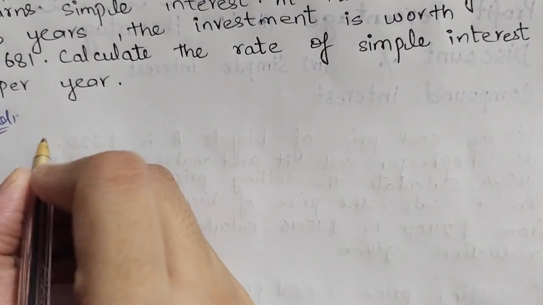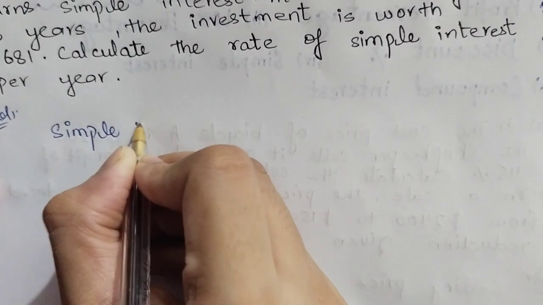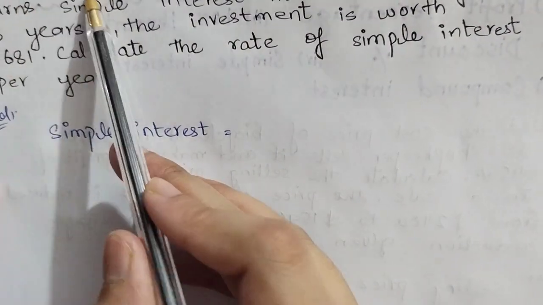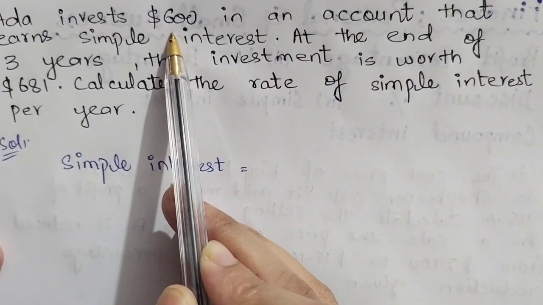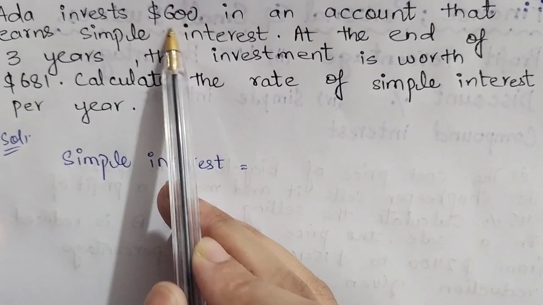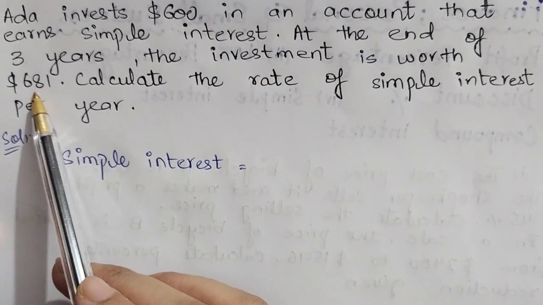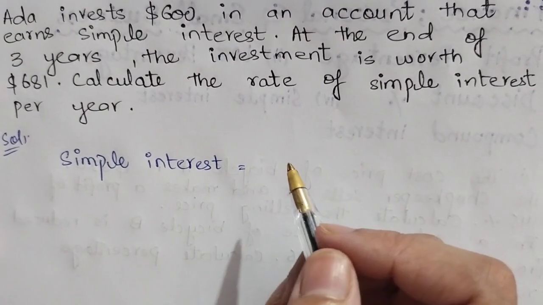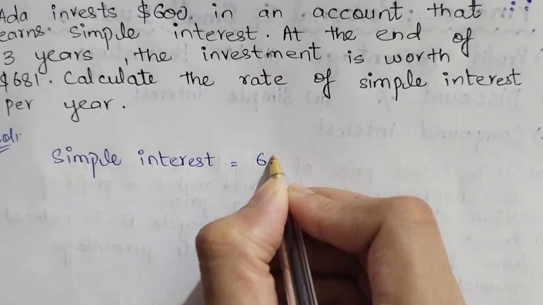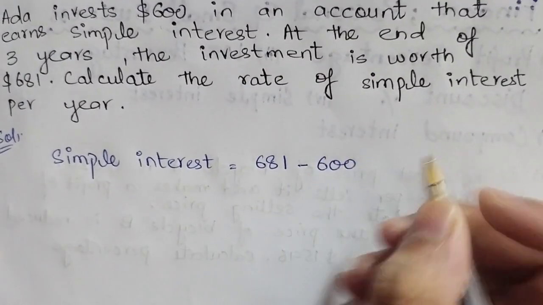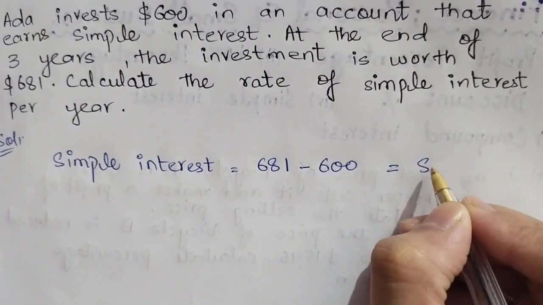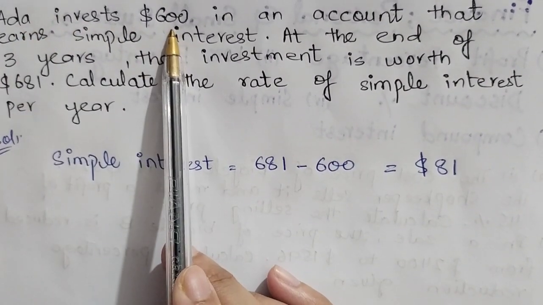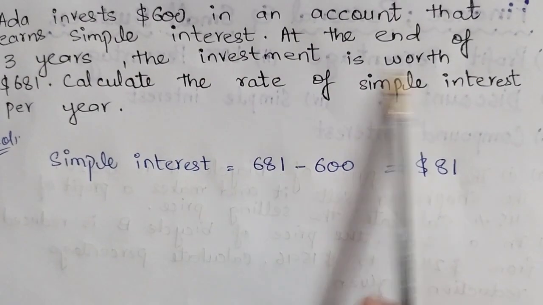We are given that Ada invests $600, and at the end of the 3 years the investment is worth $681.